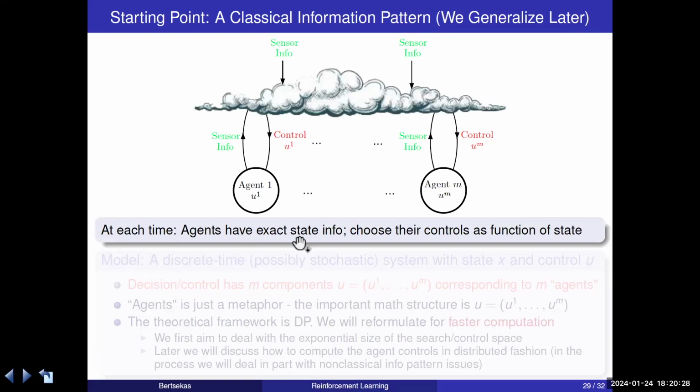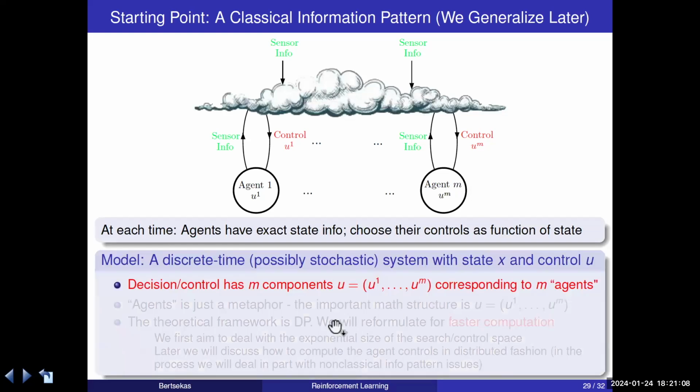Now, the classical information pattern, where everybody shares all the information and everybody communicates their controls and coordinates their controls, can be conceptualized in terms of an information and control cloud. It's a cloud involving a central decision maker that collects all the information from the agents, collects all the information from the environment, does all the computation, and sends back to the agents the controls.